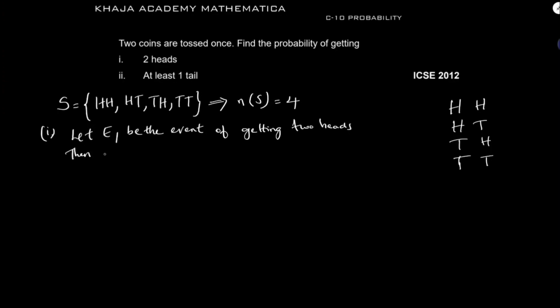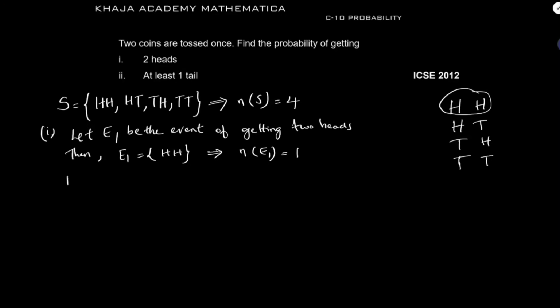Then E1 will be, since for two heads we have only one outcome, head head. That implies the number of elements in E1 is 1.